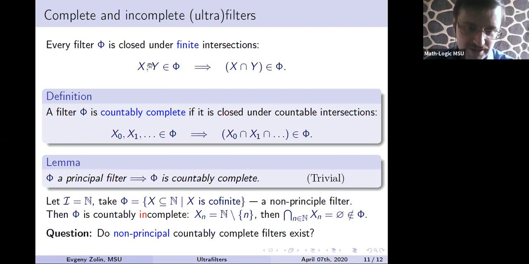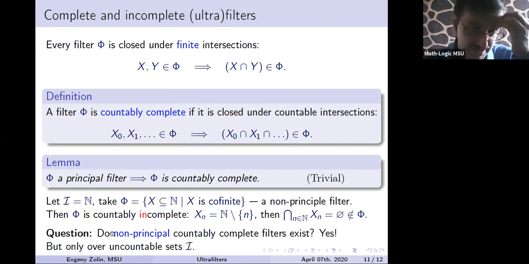But the intersection of finitely many and the intersection of countably many sets from phi must belong to phi. Can we build such an example? Yes, this is possible, but in this case, we need not just infinite sets I, but uncountable sets I.